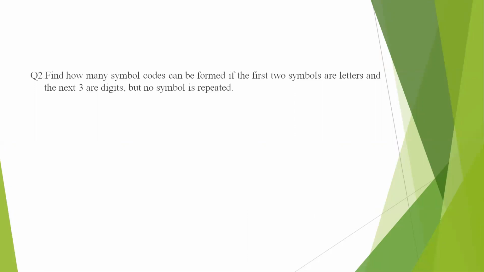Now in this question, there are 2 cases. In the first case, we are choosing only 2 letters from 26 letters, and 3 digits from 10 digits. Why? Because any number can be formed from 0 to 9, so the total numbers are 10.